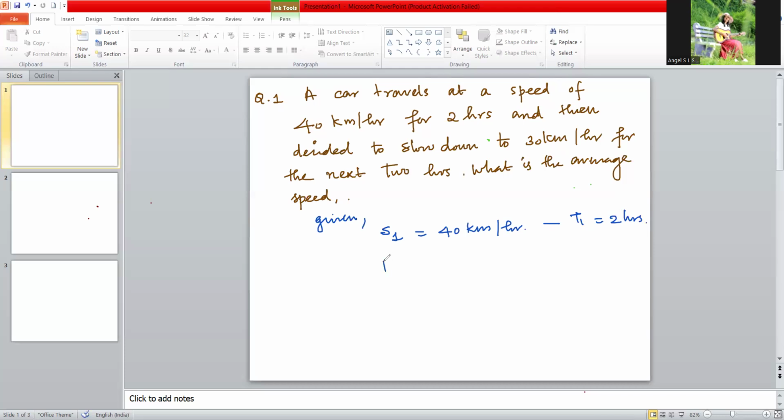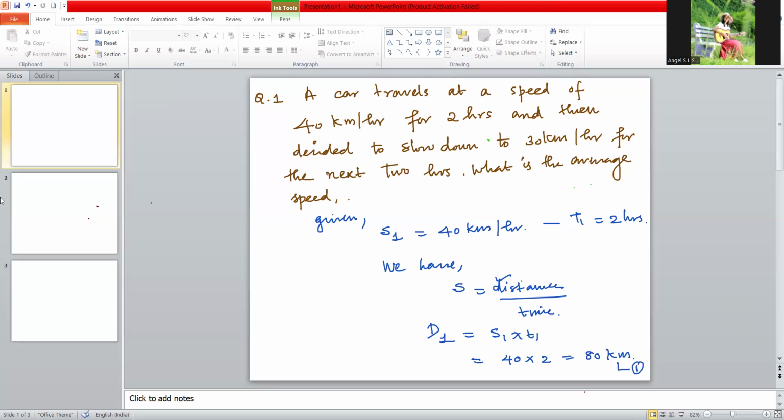And we have the equation speed is equal to distance by time, so from here we have to calculate the distance. That is d1. d1 will be s1 into t1. So you'll get 40 into 2, that is 80 kilometer. Correct? We can take this as equation number 1.